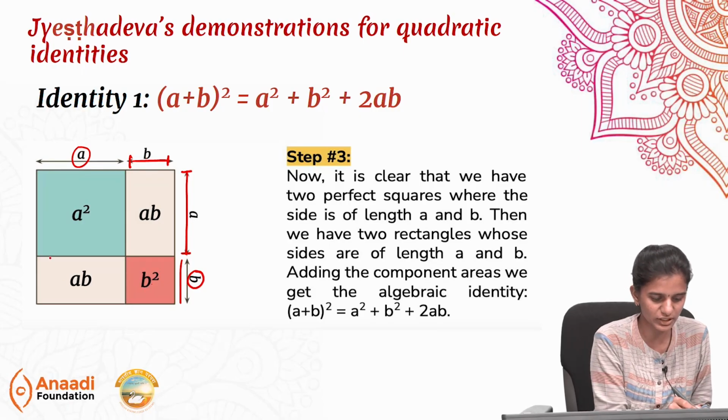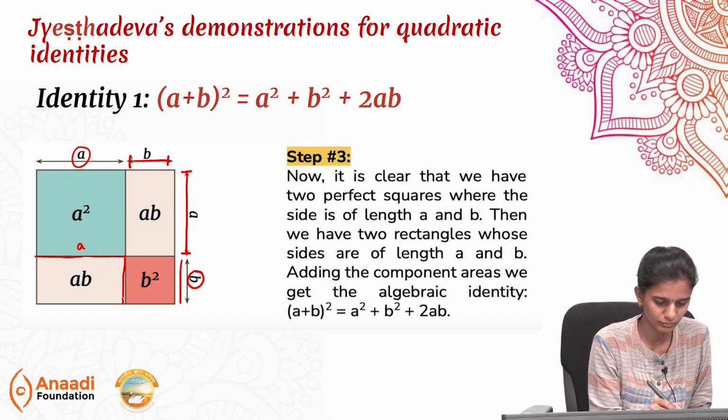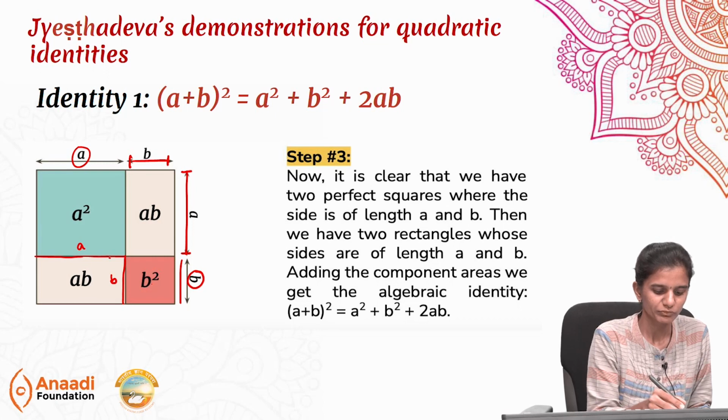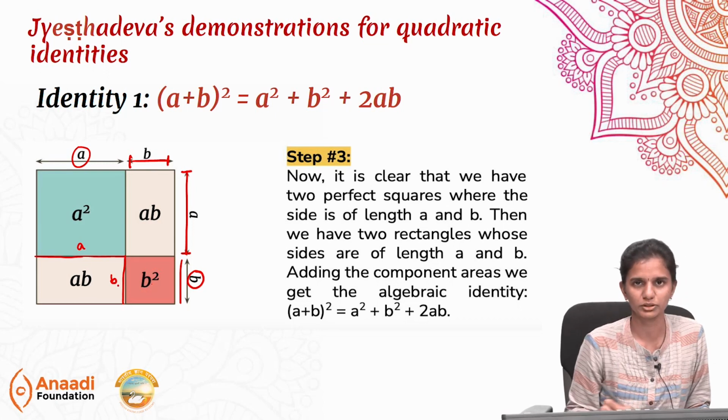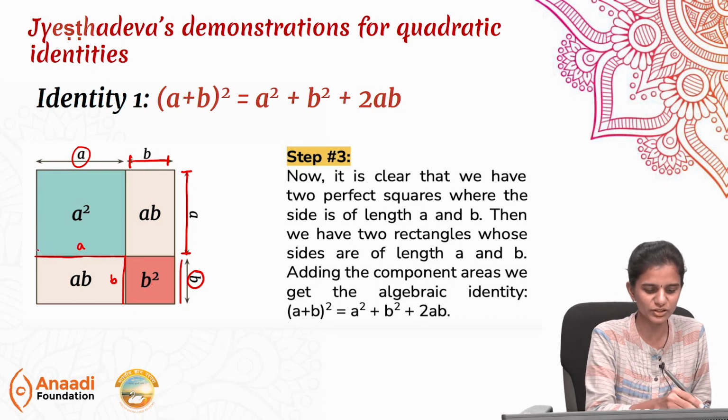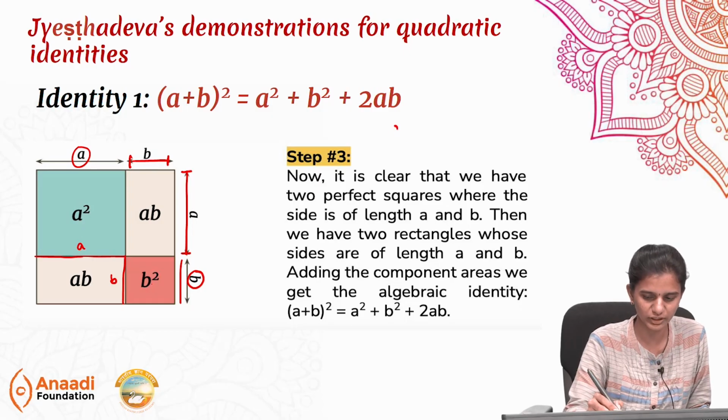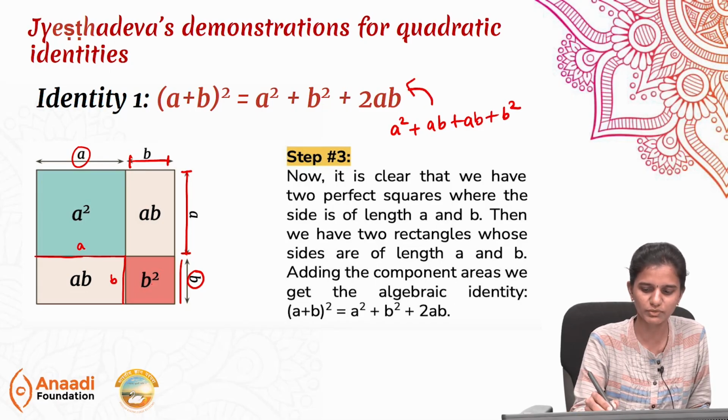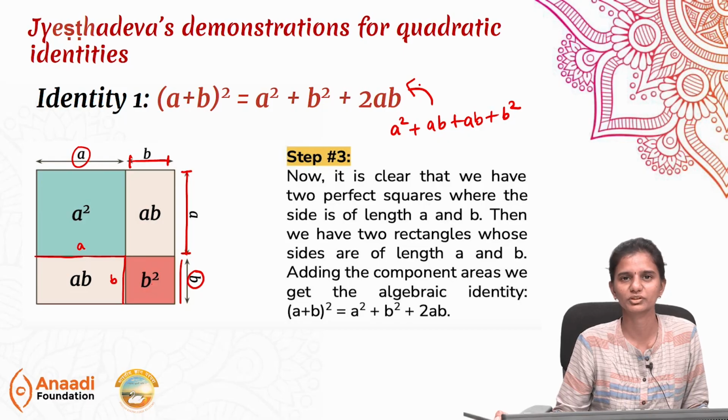Again here we see that this length is a and this is b, so the area of the rectangle becomes ab. When we add these together, we get a square plus ab plus ab plus b square, which gives this value. Hence, this is proved.